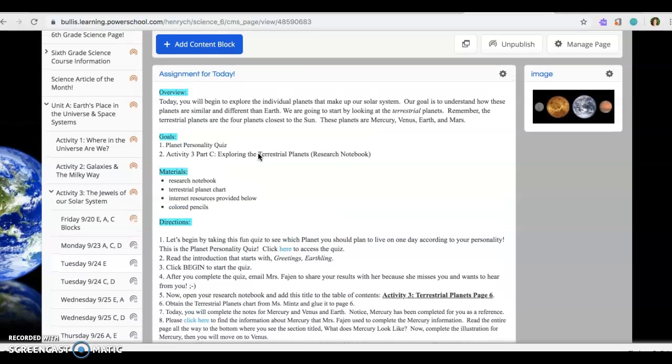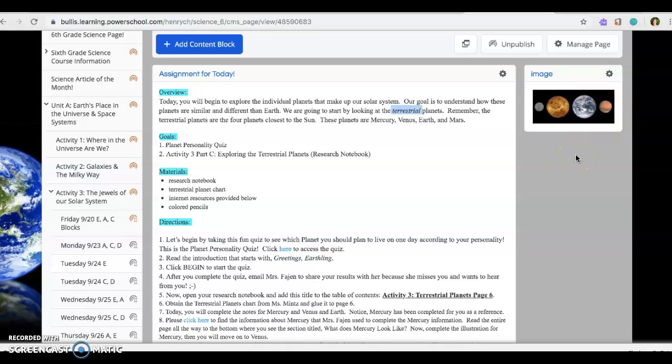I just want to take a quick moment to remind you what the word terrestrial means and what these planets are. From Friday's activity, you may recall that the word terrestrial, the prefix terra, comes from a root word from the Latin language meaning land or earth-like. So the terrestrial planets are the first 4 planets from the sun: Mercury, Venus, Earth, and Mars.